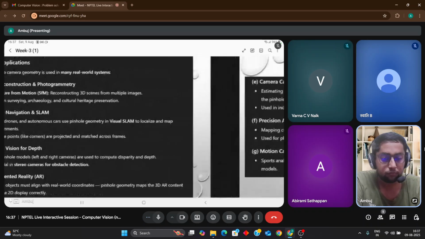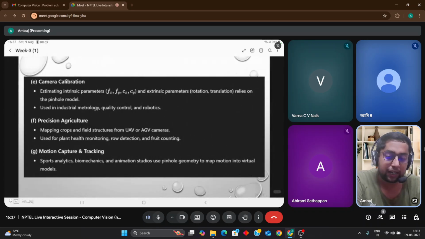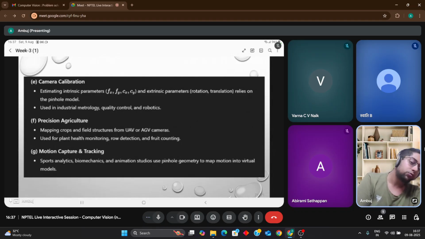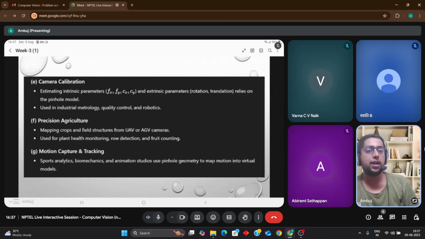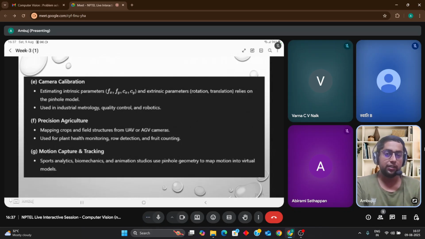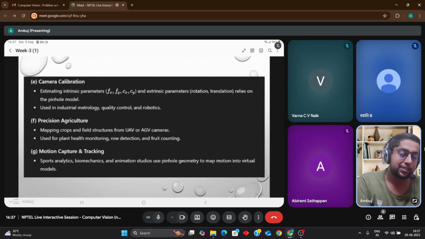In case of camera calibration, estimating the intrinsic parameters fx, fy, cx, cy, and the extrinsic parameters, rotation and translation, all the factors have to be aligned in order to calculate the distance d. That is the exact distance between the camera and the person, and how to interpret that image.